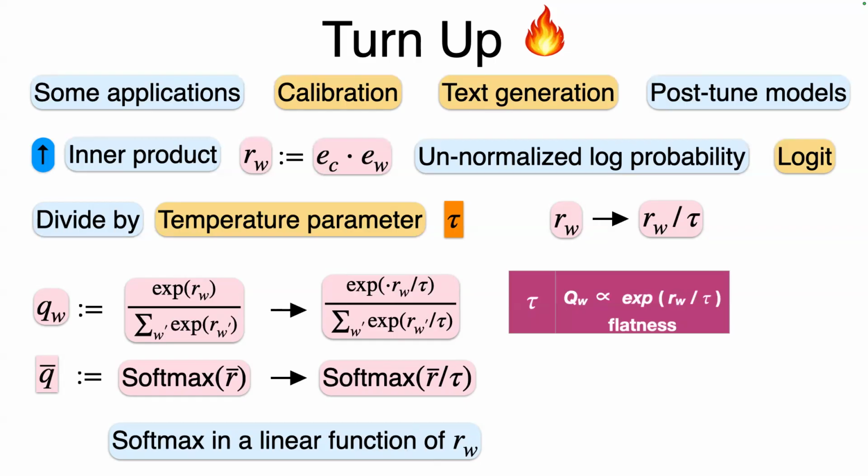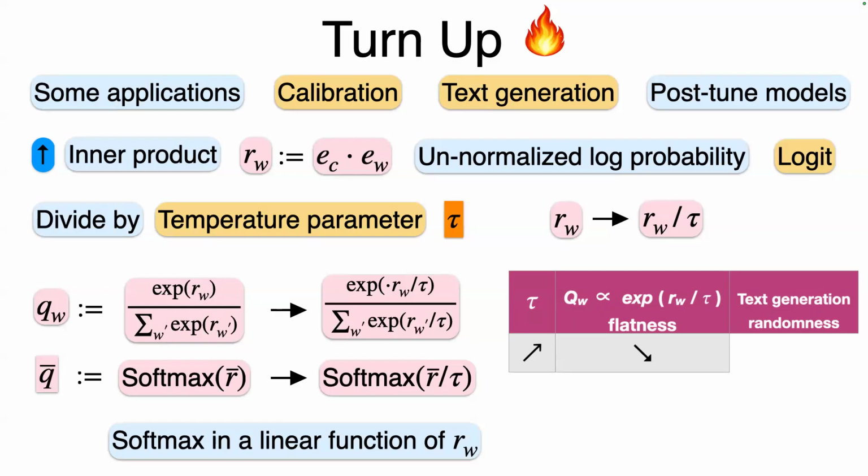For a given tau, this is our QW written here, proportional to the exponent. As tau increases, these exponents become more flat, because if I get tau to be very large, then RW over tau goes to 0 and there is no difference between them.